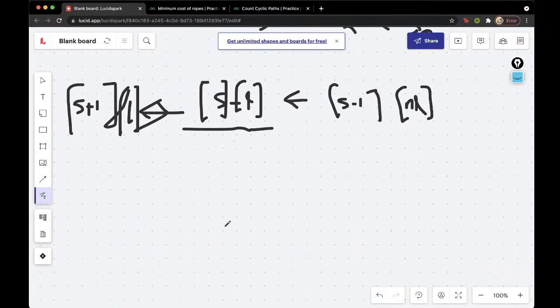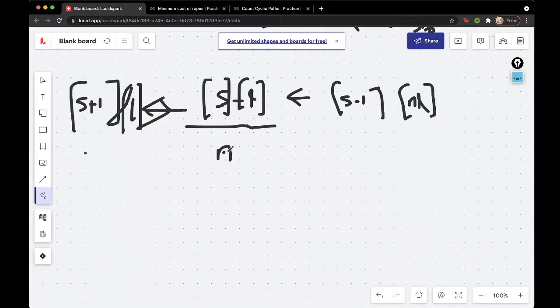So what you can see is after we finish calculating dp of s, now s becomes s plus 1. So you make s the old dp and s plus 1 the new dp. Right now this would be new dp, and this would be dp. For the next state, you need this as the new dp and this as the dp.